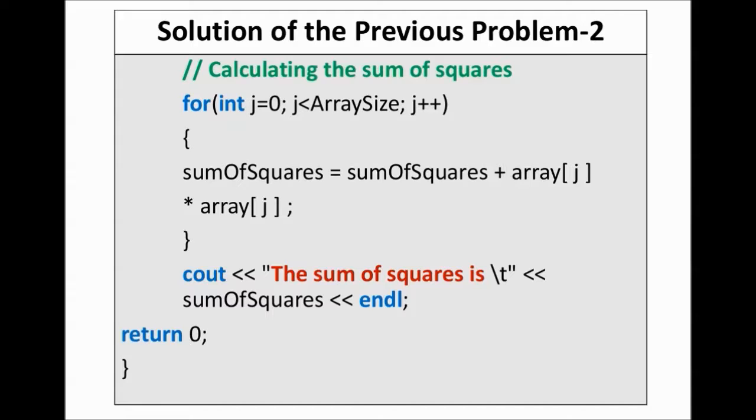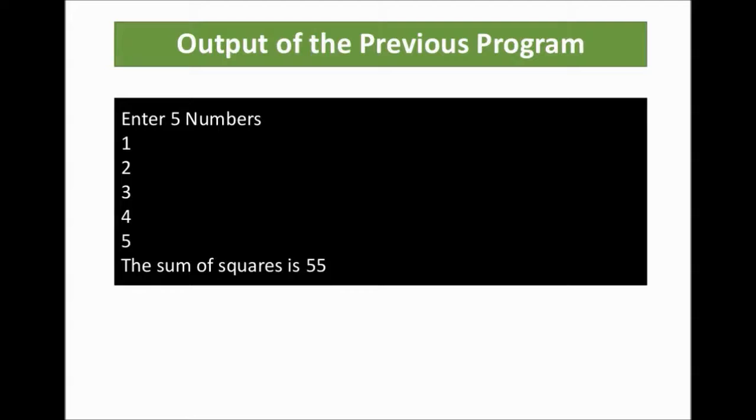Then we print the value of the sum of squares of these values. Here is the output. For example, if we write enter the numbers 1 2 3 4 5, then we get the sum of squares is 55 as the output of this program.